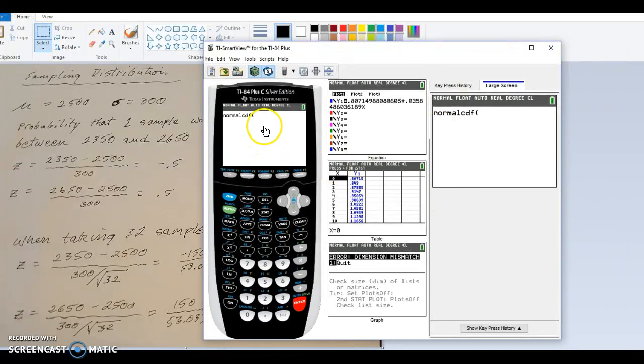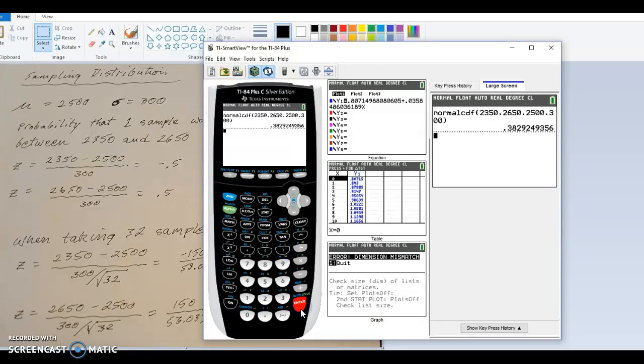So we're going to put in our low value, which is 2350, and our high value is 2650. Our mean is 2500, and our standard deviation is 300.